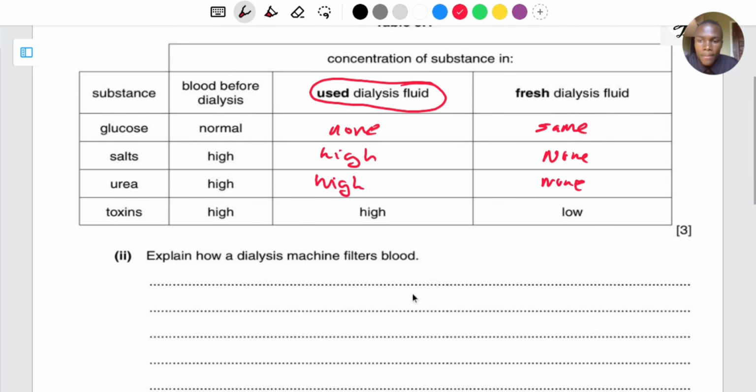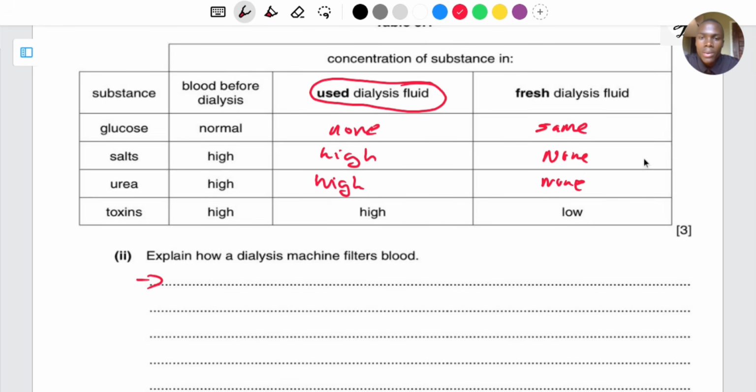Then the second question is saying explain how the dialysis filters blood. So here they are asking us to explain how the dialysis filters blood. We are going to say the dialysis machine acts as the artificial kidney. A person using dialysis means the kidneys are not working.